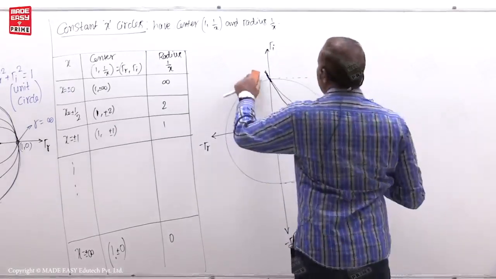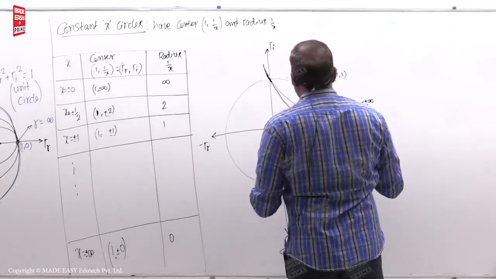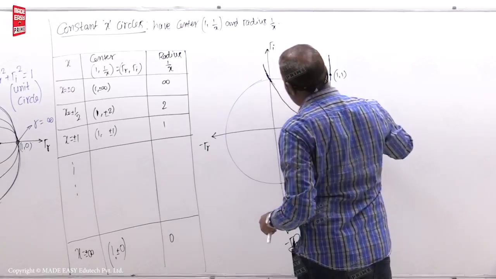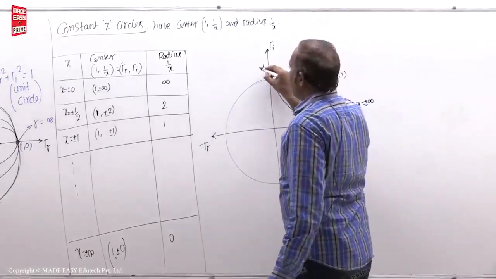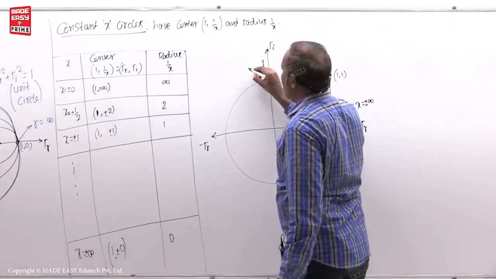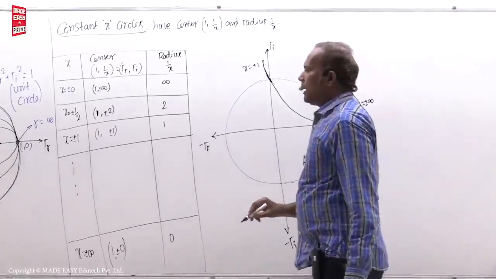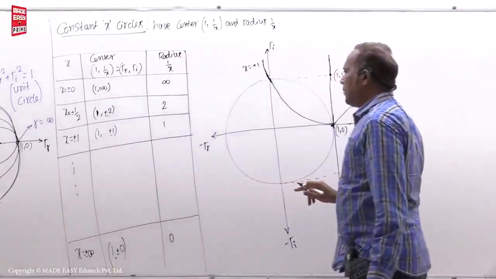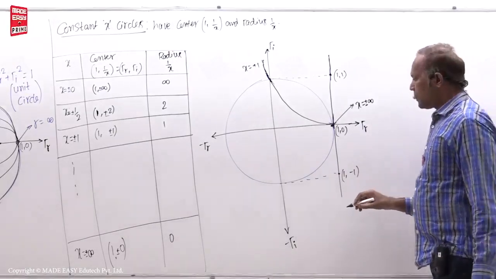But outside this unit circle we are not bothered about that shape and all, so don't bother about that, leave it. So this is x equal to plus 1 circle. And if I put x equal to minus 1, 1 comma minus 1 is the center, and radius is 1.